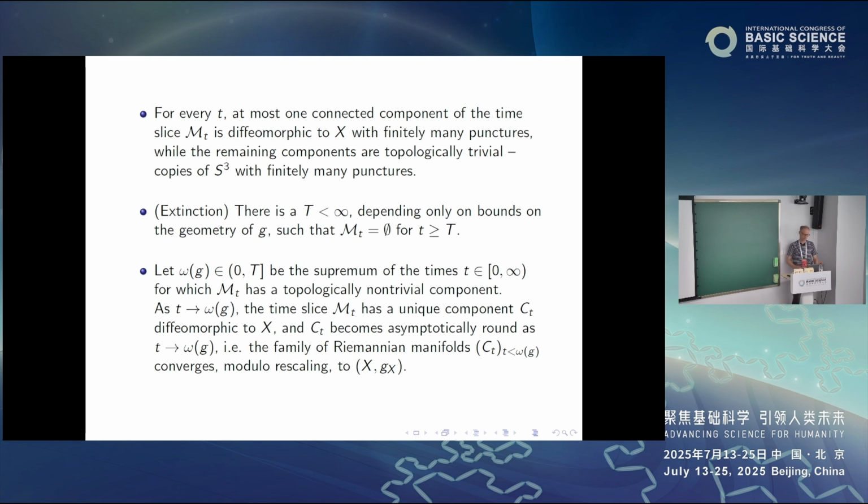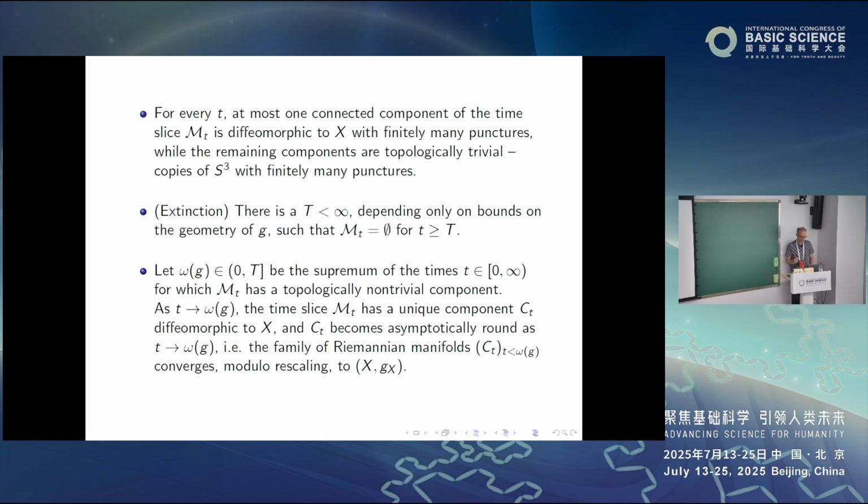You have extinction, so after some time, capital T, the time slices are empty. And because you have this extinction, there will be a supremal time where you see non-trivial topology. I'll call this omega_g, the supremal time for which the time t slice has a topologically non-trivial component.